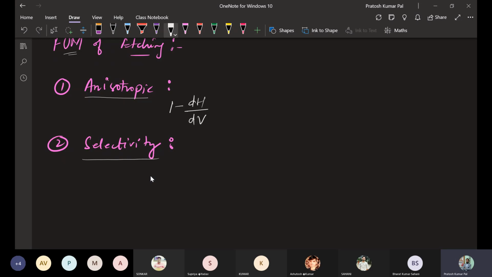But in other cases, selectivity will depend on whether only one material needs to be etched, then that is going to be etched by the etchant and no other material is going to be etched. So basically, the selectivity says only one material should be etched.